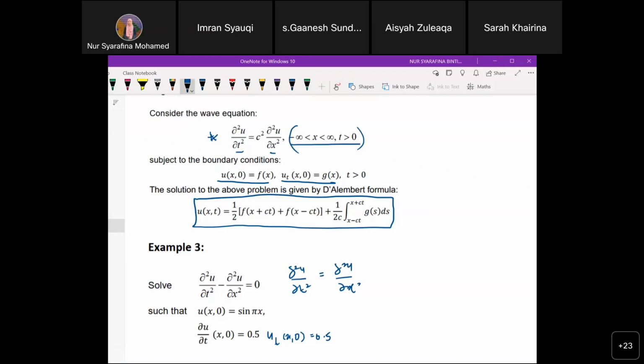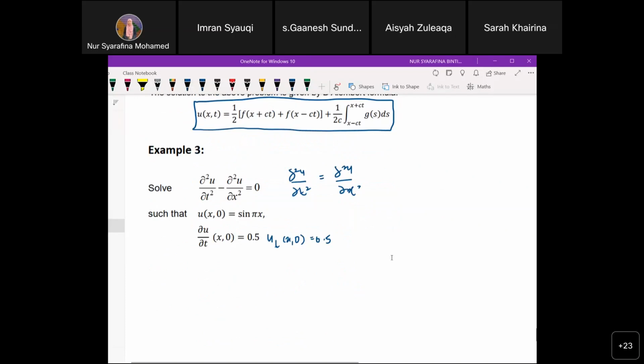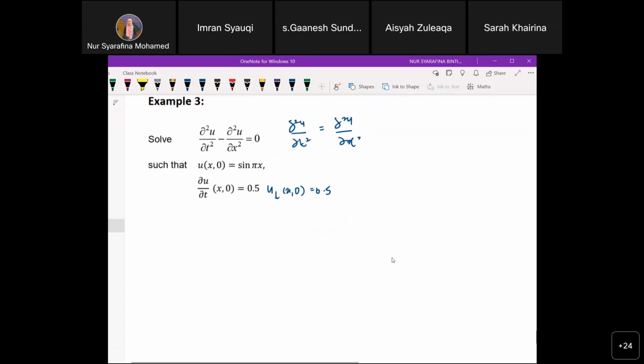So now how can we solve it? You know that this is a wave equation. You identify the value of c. Now we have u(x,0) and u_t(x,0).